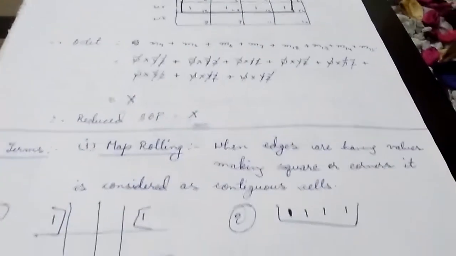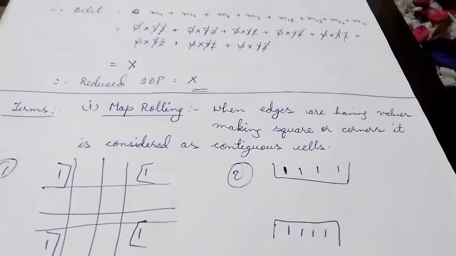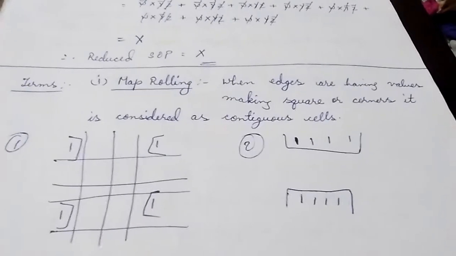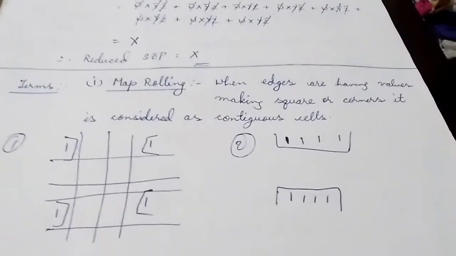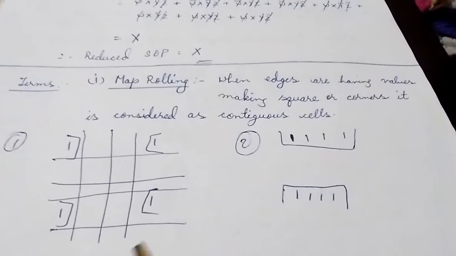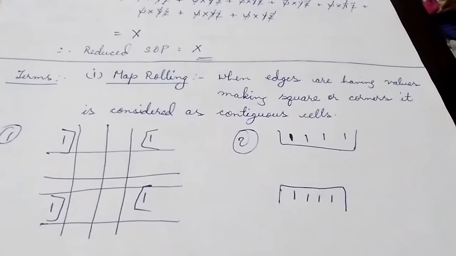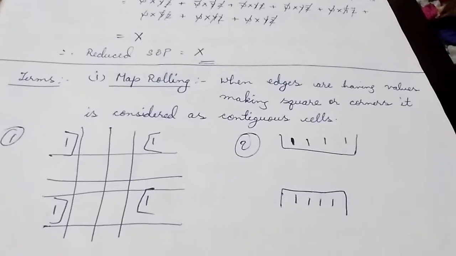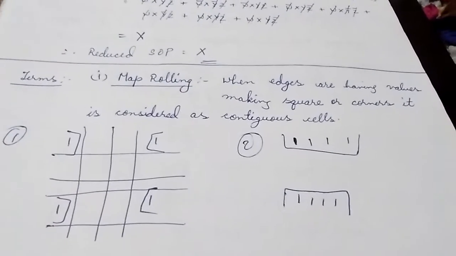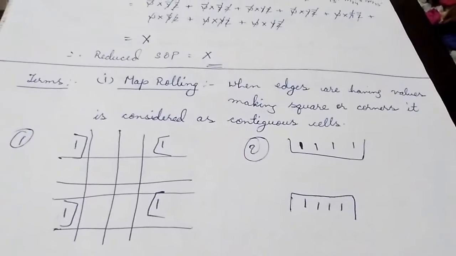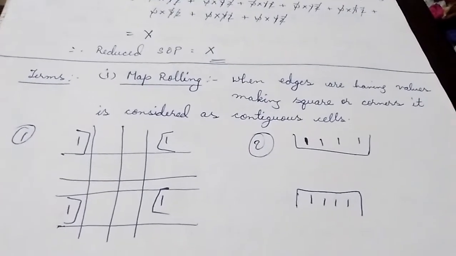Now it is important to understand some terms that I had explained in the first part of this video. Map rolling. Map rolling is only applicable with the K-map, the Karnaugh map, where the edges having values make a square or a corner, and then it is considered as continuous cells.